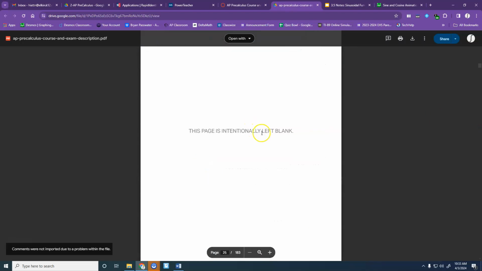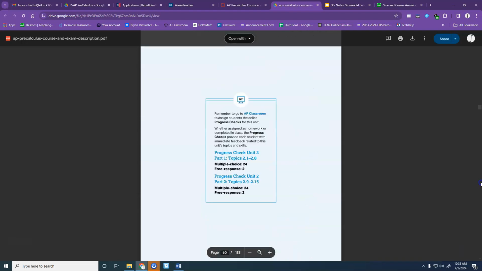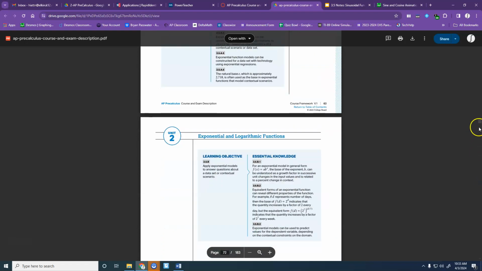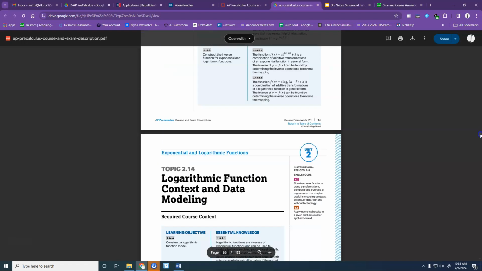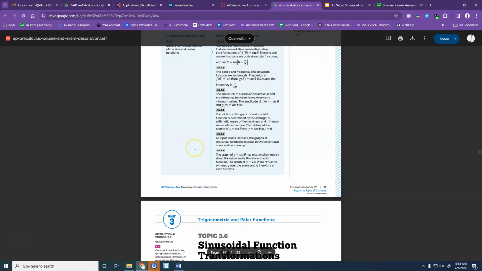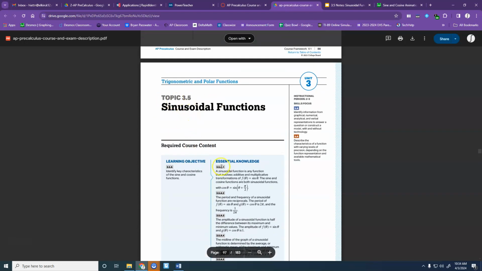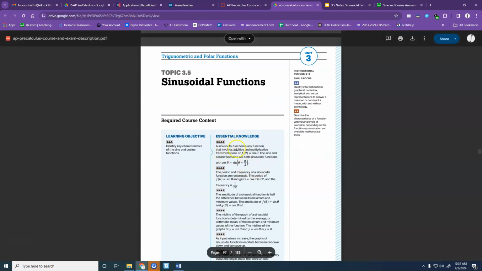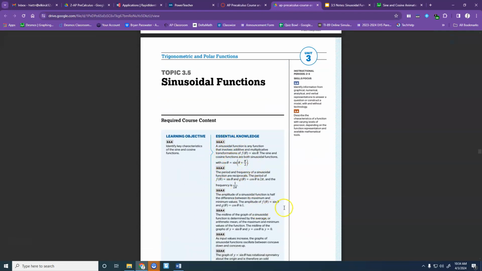which is going to be way on down here. If you go on down here to 3.5, right here, it's going to have a lot of the essential knowledge here that sort of gives you the definition for some of those.